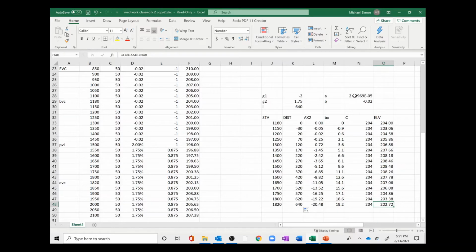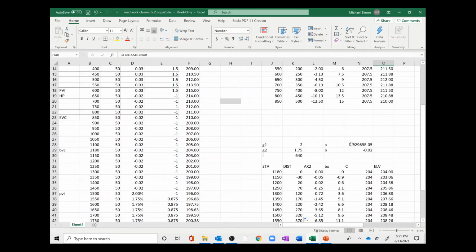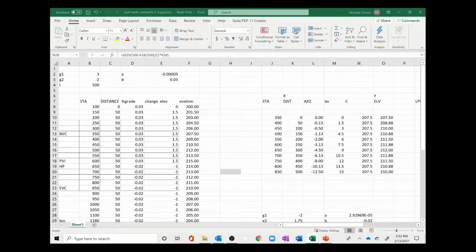Let's just check your A values. G1 is negative 0.2. This is G2 minus G1 over 2 times 640. That looks good. I'm just going to check it against what I have. Yep, so those numbers look good.